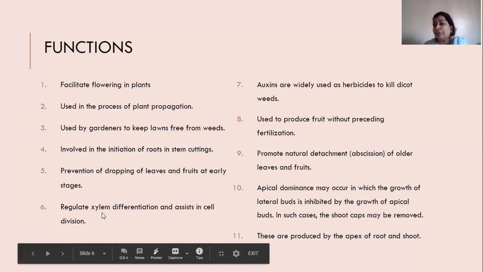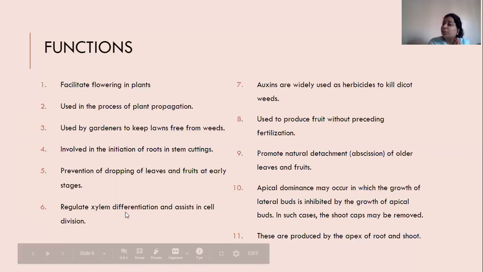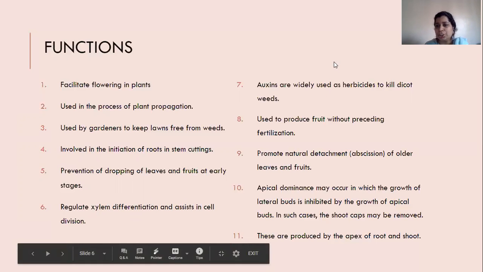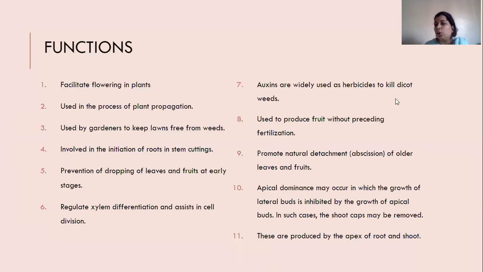It regulates cell differentiation, that means xylem differentiation, and assists in cell division, helping the plant differentiate xylem from phloem. You've heard about cambium? Yes, it also helps in differentiation that way. Auxins are used widely as herbicides to kill dicot weeds.